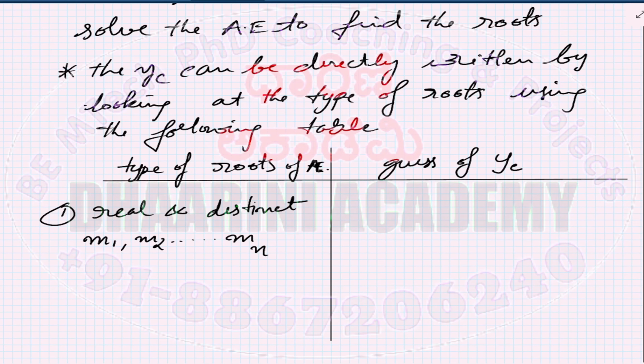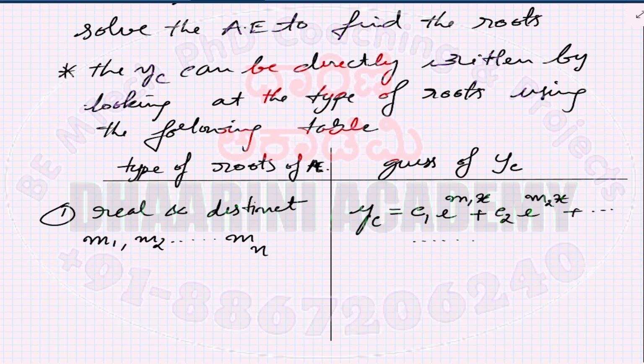If that is the case, the yc which I'm going to guess is equal to c1, a constant, into e to the power m1 x, the first root, plus c2 e to the power m2 x, the second root, plus and so on.